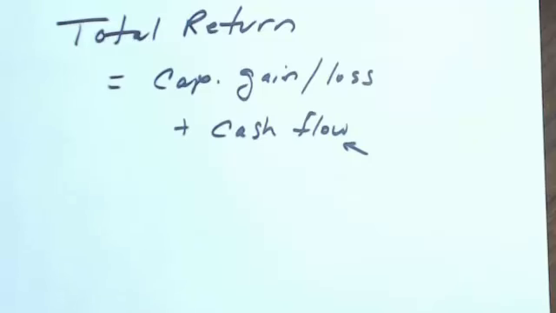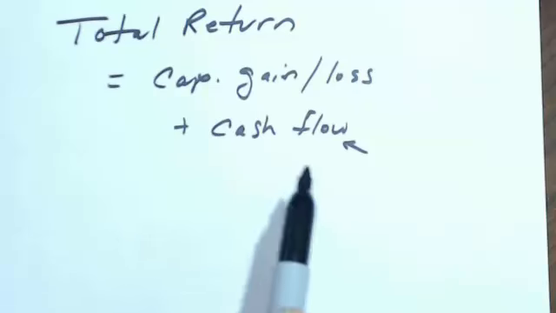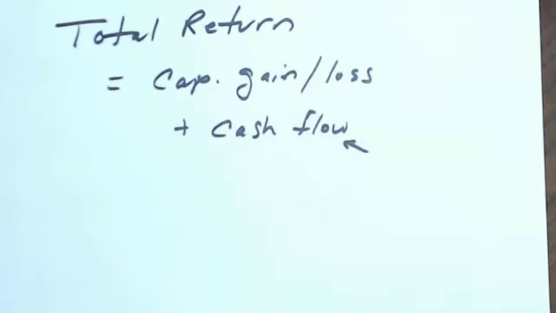It even works if you consider an apartment building. You buy an apartment building, and your total return over a period of time would be measured by how much the property appreciated or depreciated in value, how the real estate value changed, and then also your cash flow.